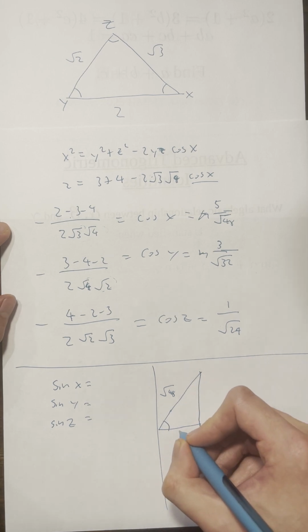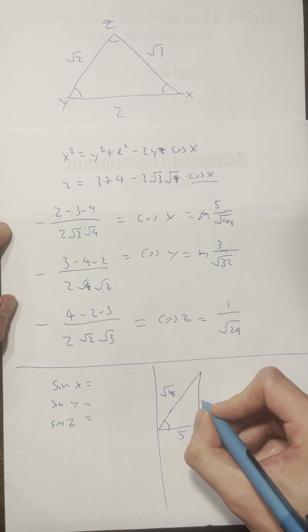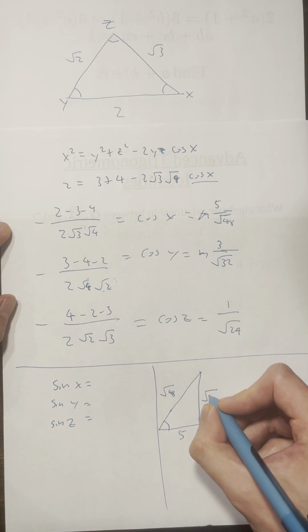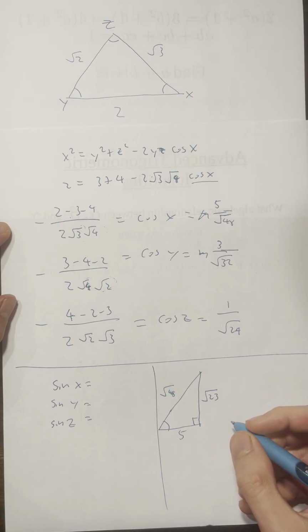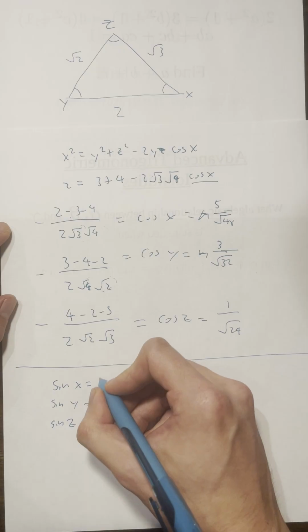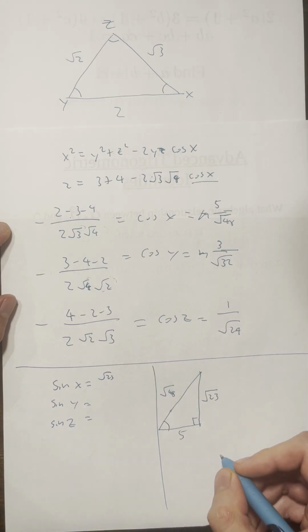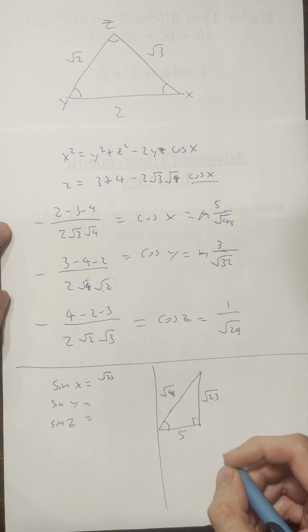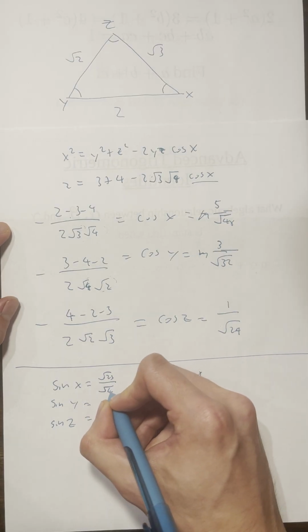So we'd do 5 here. So that means this would be root 23 by the Pythagorean theorem. So that means sine of x would be root 23 over root 48.